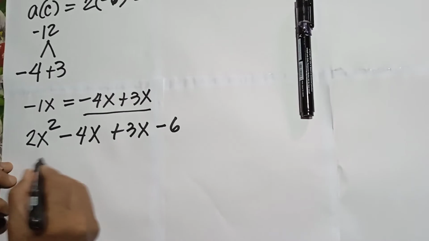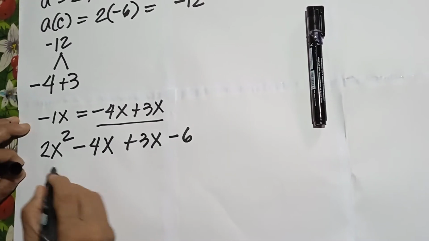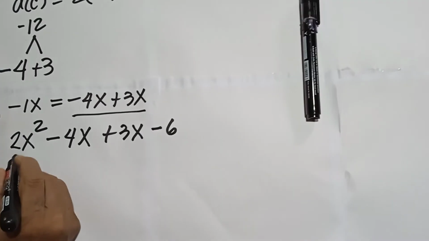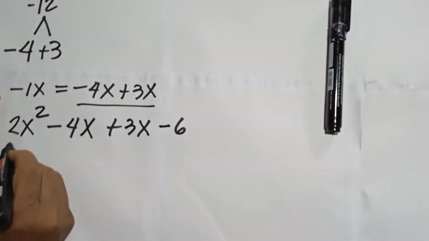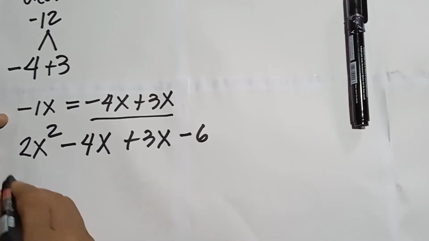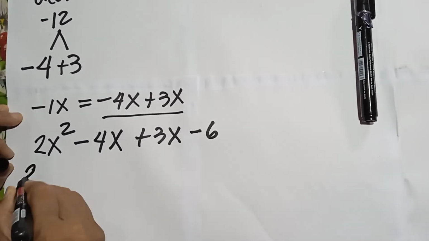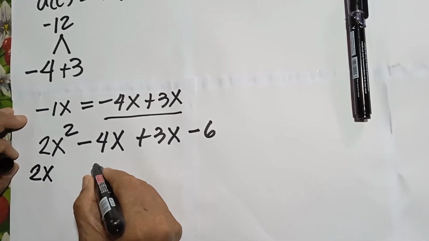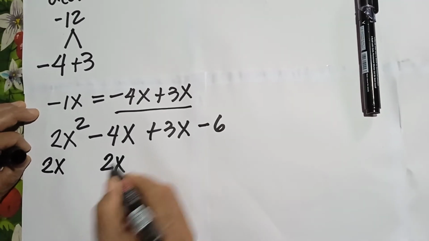So we try to identify the greatest common factor of 2x squared and negative 4x. That is 2x. Also in 4x, we have 2x.